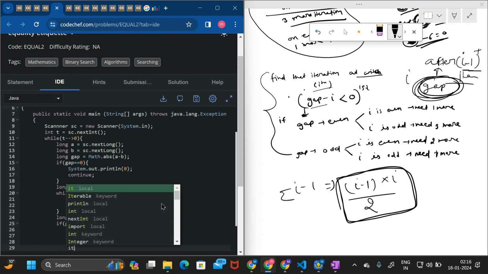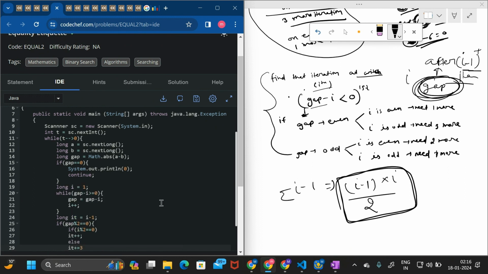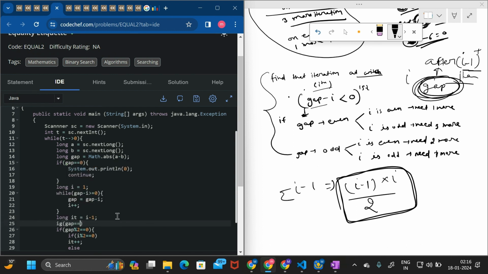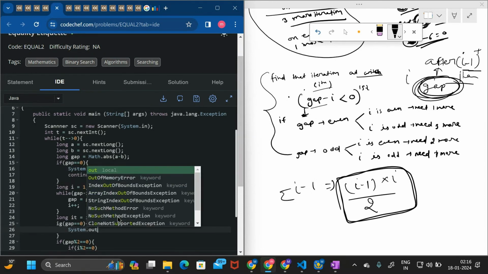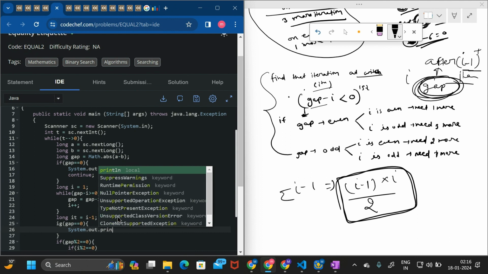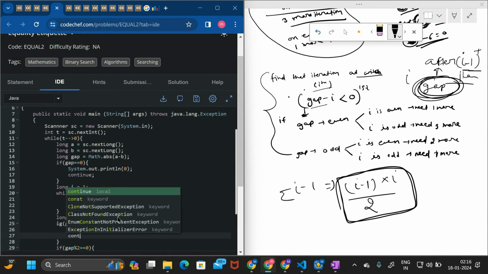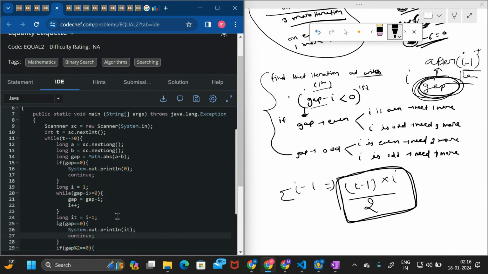So it plus equal to 3. Okay, and here we have to write if our gap is 0, we do not need any iteration. So we can simply print our it and continue.